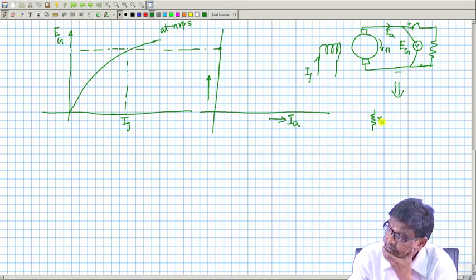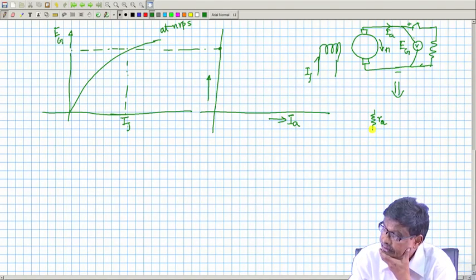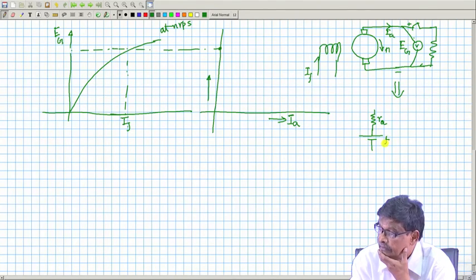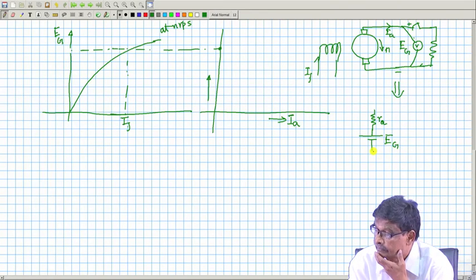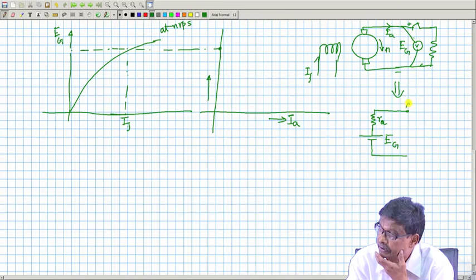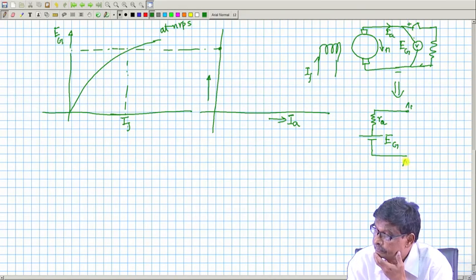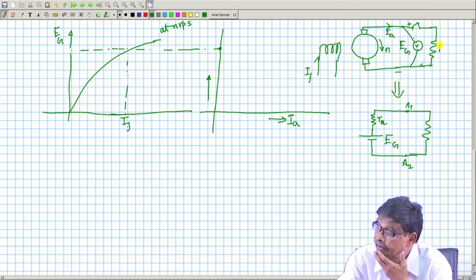This is RA, and here is your generated voltage EG, and here are your armature terminals, mind you, A1, A2, and here you have connected the load resistance RL.